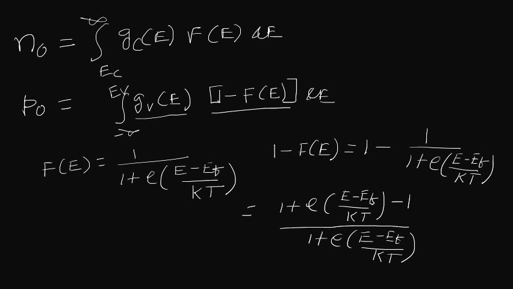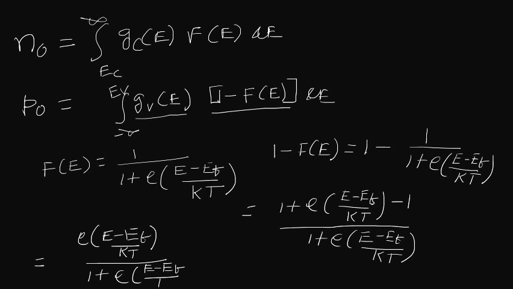Which can further be simplified. Finally we can write this as exponential e to the power (E minus EF) divided by kT, whole divided by 1 plus e to the power (E minus EF) divided by kT.